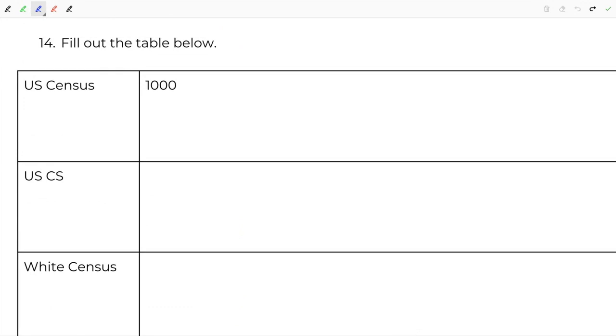So we're going to start filling out this table and we're going to reference all of the percentages from our first graph on the first page when filling out this table.